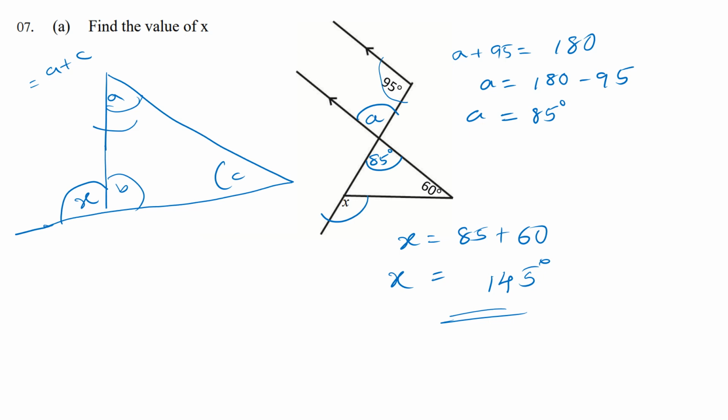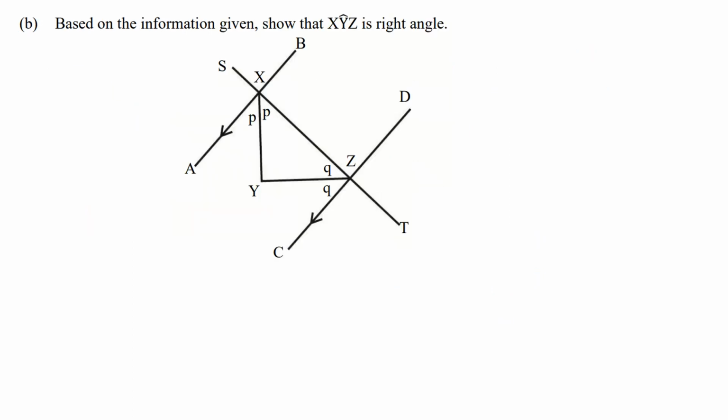Okay, let's go to the next part. And here, based on the information given, show that the angle XYZ is a right angle. So this is the angle. This is a quite simple approach here. You know, here these two angles are allied angles. The sum of the allied angles is equal to 180.